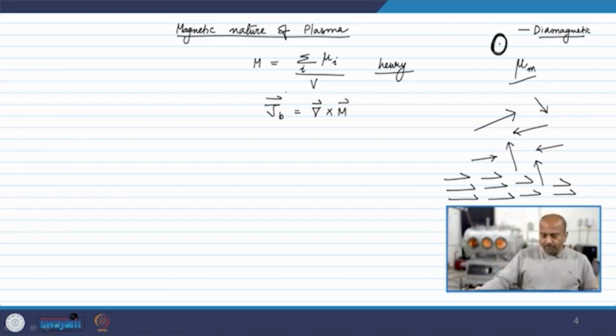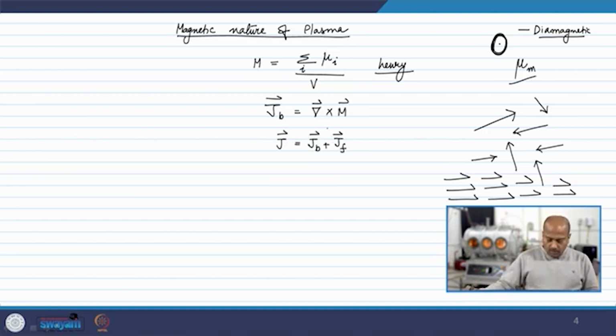But in vacuum we must include all the effects of free or any external applied currents such as Jf. So, Jb is the bound current density, but we need to also have a provision for any external current density or free current density. So, we can write the total current density J as Jb plus Jf.